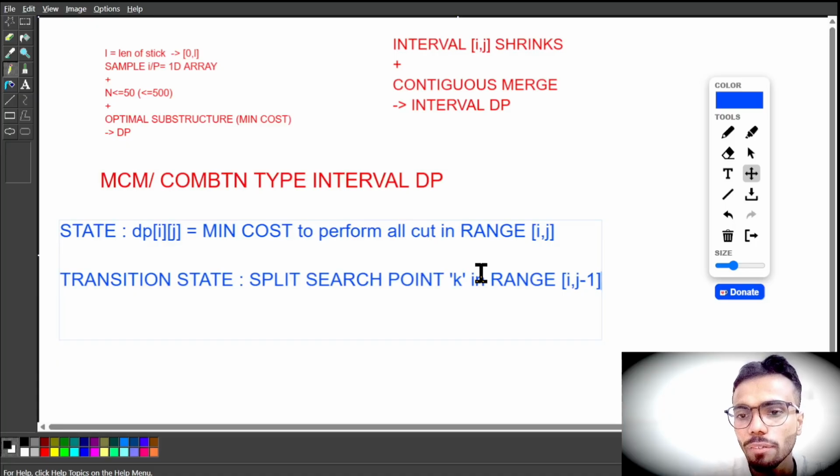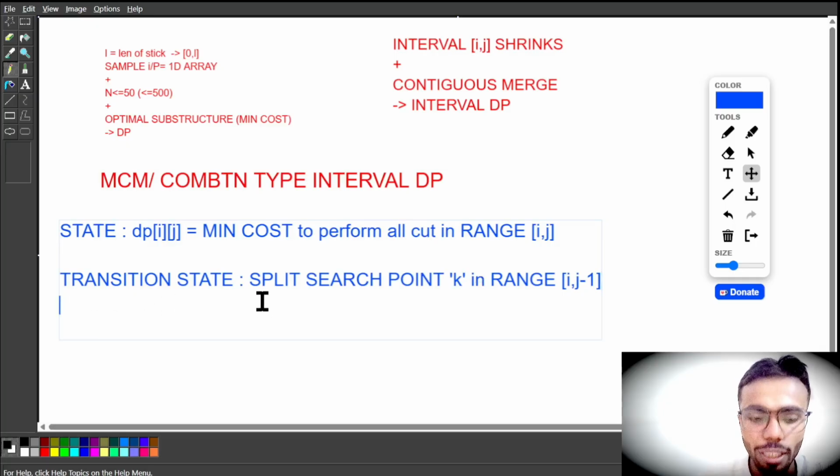In that case, in the elimination pivot type, the state will go out of bounds if I choose it here. Basically in elimination type, if I choose the i to j range, that will be safer and does not go out of bounds. But if I choose the MCM combination type, then there is a possibility of going out of bounds.